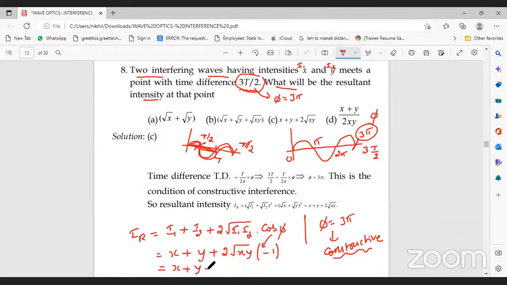So x plus y minus 2 root xy. This will be the intensity at 3 pi. Option C: x plus y minus 2 root xy.